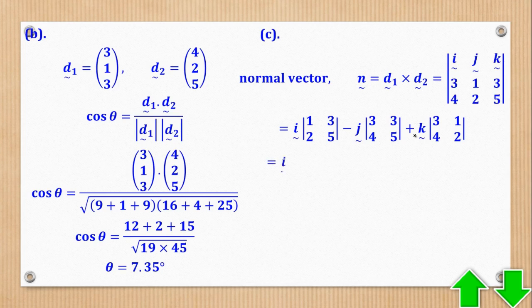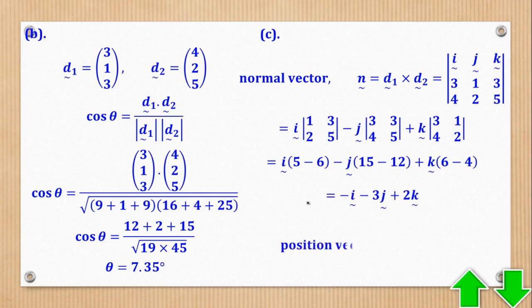Then from there, it's like getting the determinant. Major diagonal minus minor diagonal. So this times this is 5 minus this times this, which is 6. Then here this times this is 15 minus this times this, which is 12. This times this is 6 minus this times this, which is 4. Simplify and that will be the normal vector.